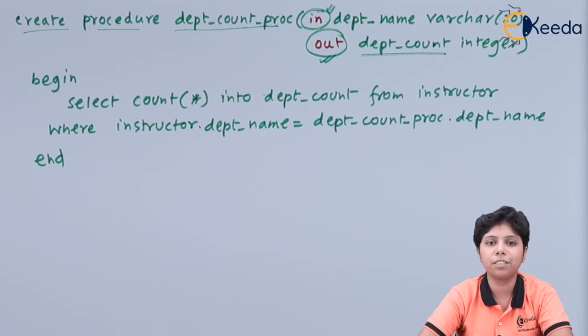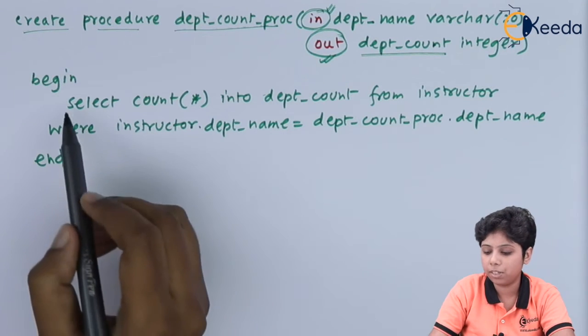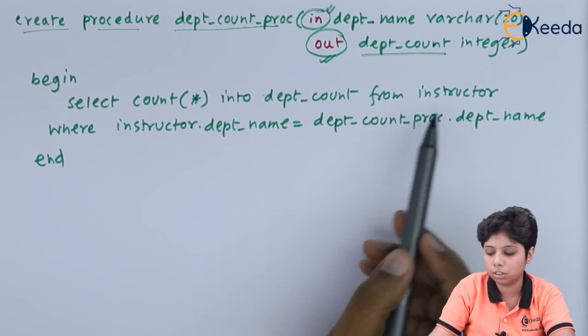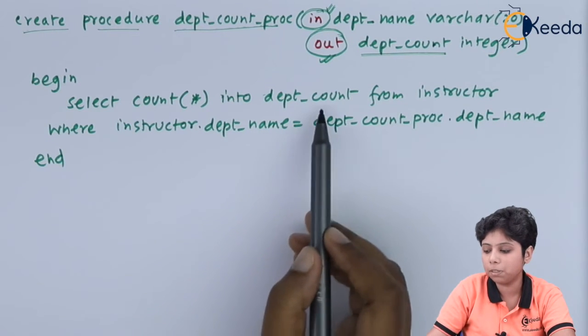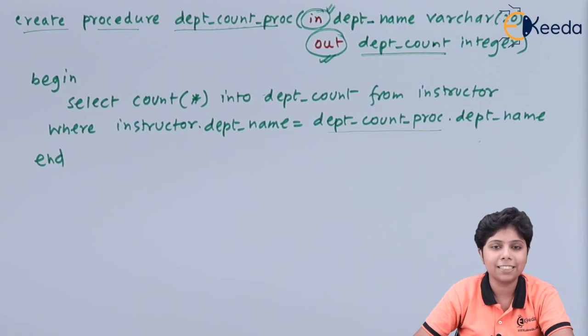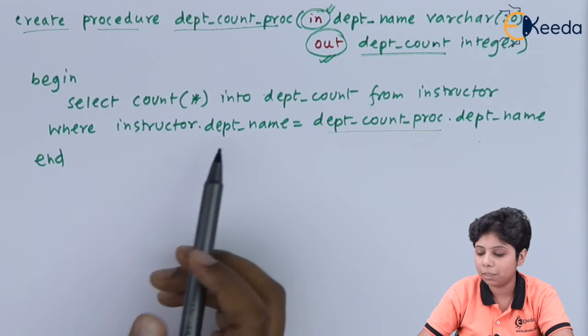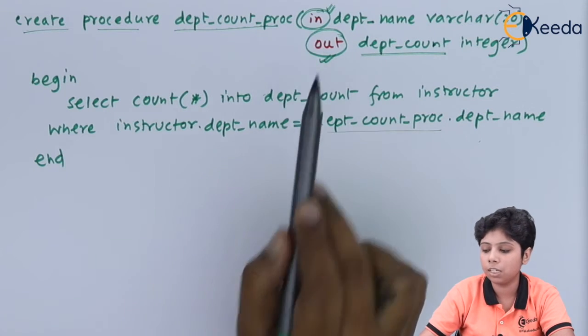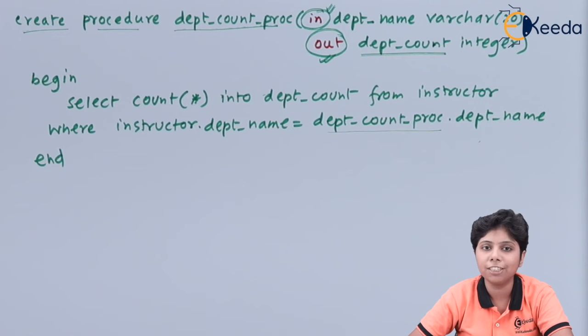So this is the procedure body that begins with: select count star into department count from instructor where instructor department name is equal to the procedure's dept name. This is the same as the function body, but the main and significant difference is the use of in and out variables, where the function uses the returns keyword.